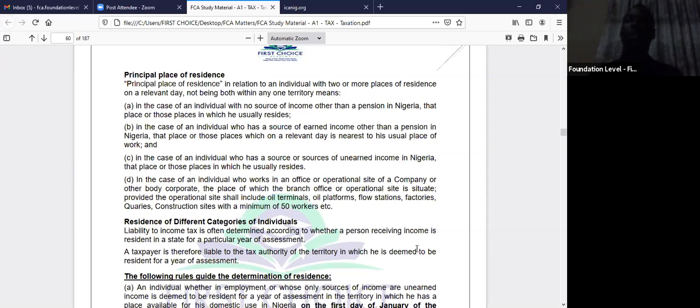Or you give out a loan to a company and they are giving you interest every month, cumulative interest. They give you preference shares, loan notes, they give you interest. That is unearned income. Another one is royalty.